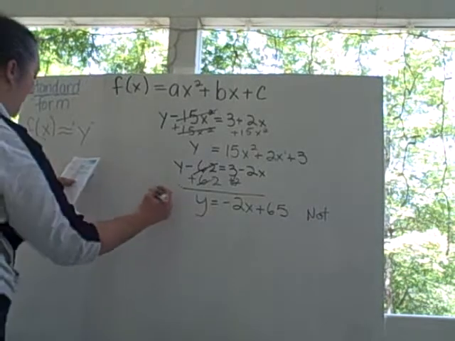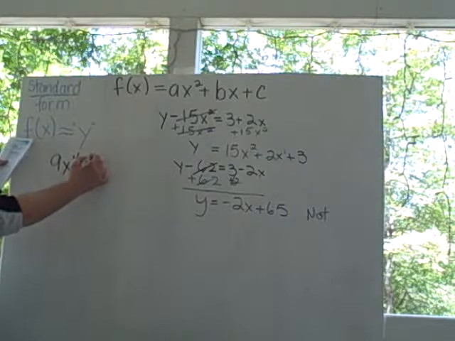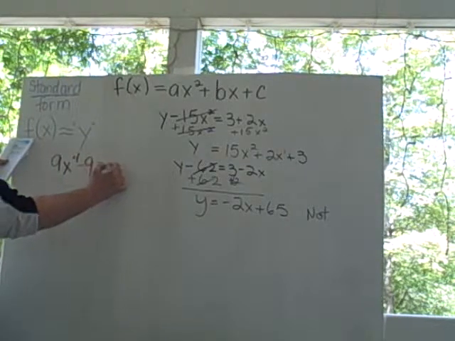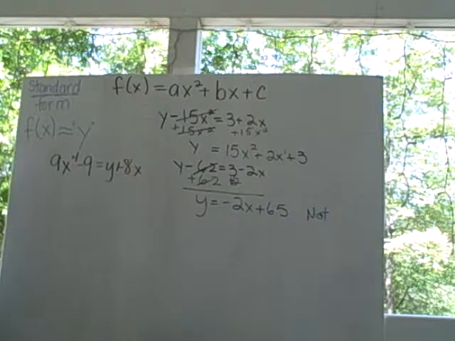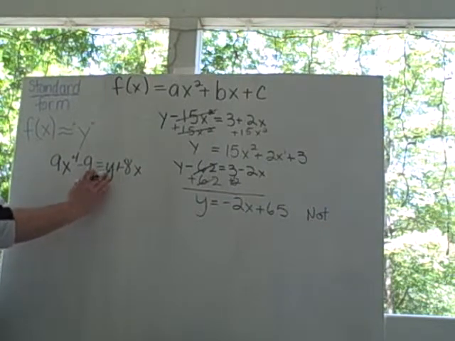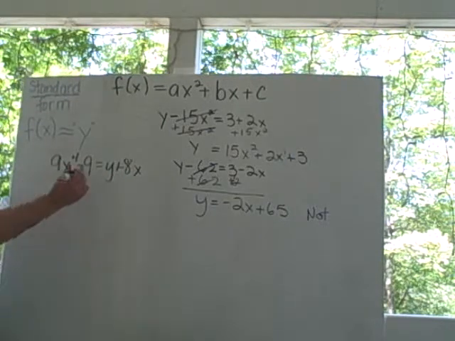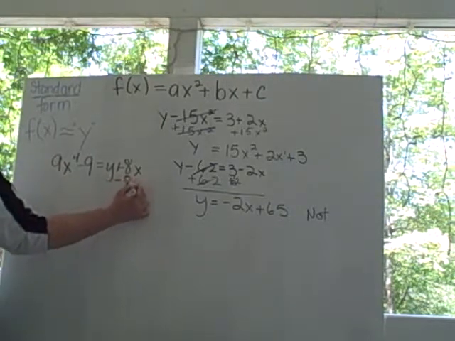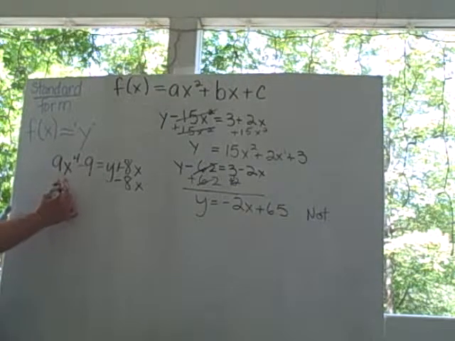One more. Let's look at 9x to the 4th power minus 9 equals y plus 8x. This time the y is on this side of the equal sign, which means I'm going to take my 8x and move it over to the other side. Minus 8x is how that's done. Minus 8x, what you do to one side, you have to do to the other.